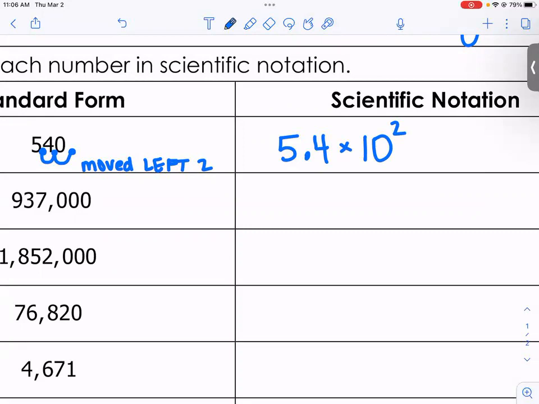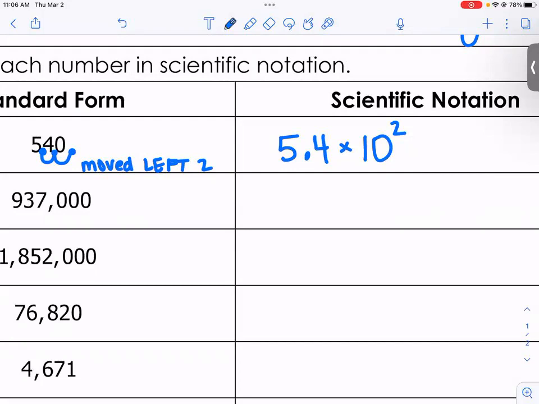This is scientific notation. Why? Brady, what's 10 squared? Okay. So this right here means 5.4 times 100. If you have a calculator in front of you, can you take 5.4 times 100 for me? 540 and then the decimal.